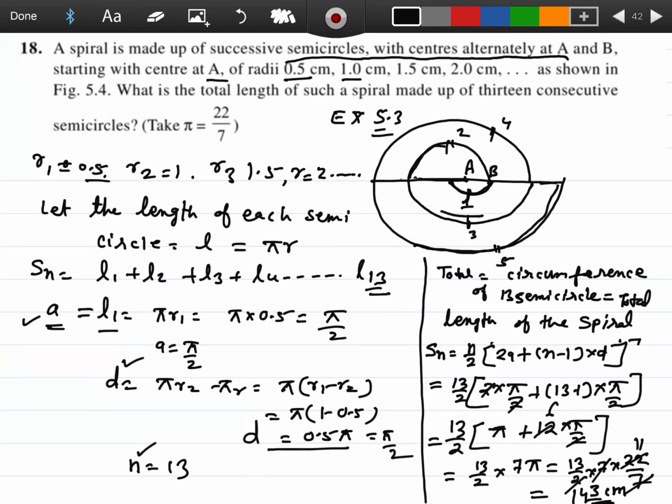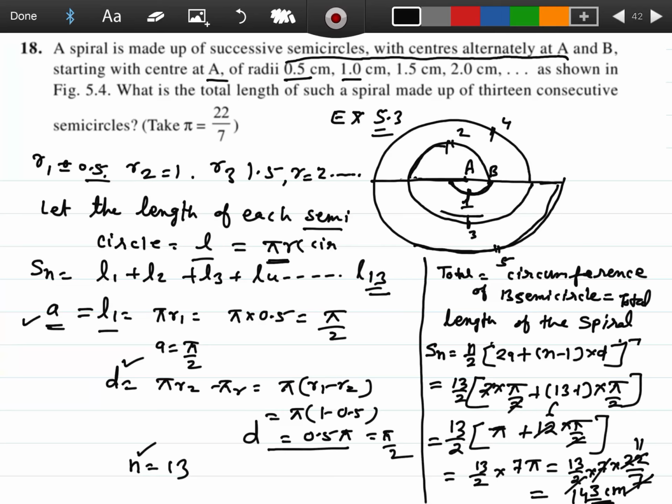In this way 13 semicircles make the spiral, with A as center first, then B, then A, then B, alternately, and the radius of each semicircle is r1, r2, r3, r4. Now we want to find the total length of the spiral, which will be the sum of the circumferences of the 13 semicircles.